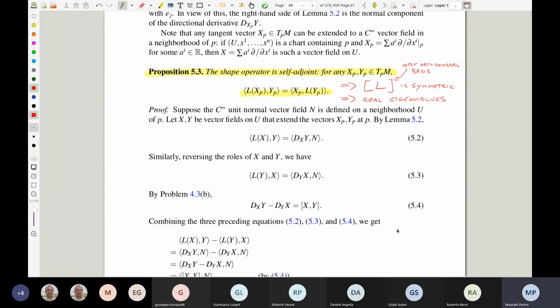Now, I told you that if you take an orthonormal basis, then the matrix associated to the shape operator is symmetric. In intrinsic terms, this means just that the shape operator is self-adjoint, the technical word corresponding to a symmetric matrix. It means that if I do this, you see I can use the scalar product to swap L from one side to the other.